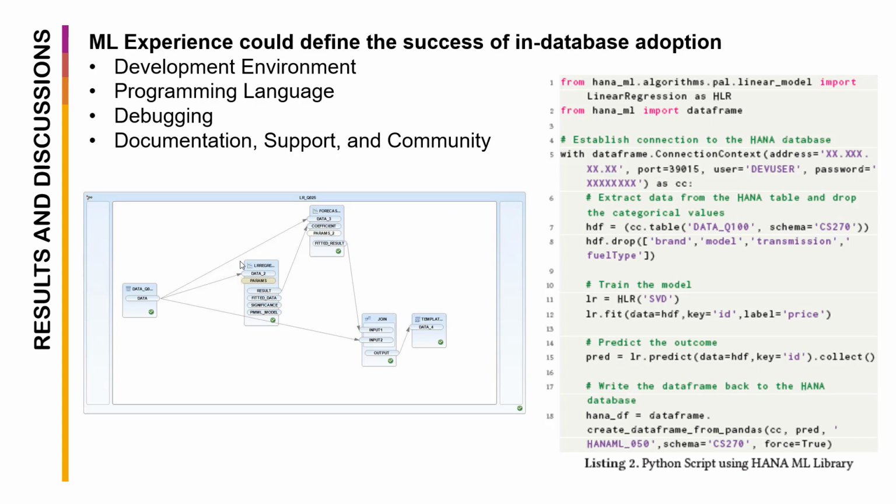But the beauty of having this user interface, this HANA flow graph, is for people who are just starting on their in-database machine learning journey. They can leverage this interface so that they can extract insights as soon as possible while they are still learning the scripting side.